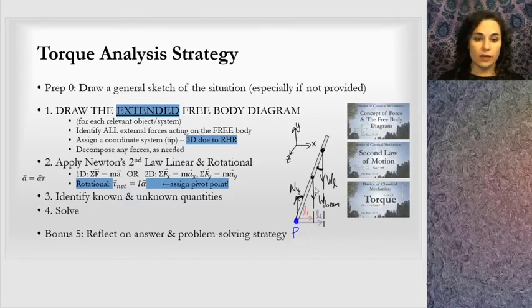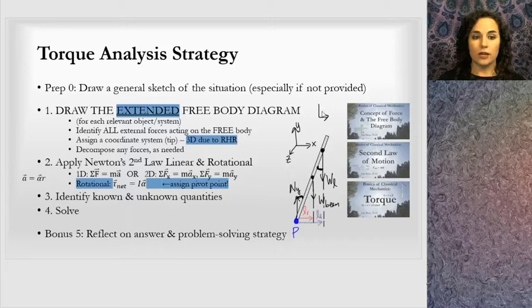This will be your tool for developing equations. Once you've identified all your forces, be sure to assign a coordinate system. And I've noted here that we're going to need 3 dimensions because we have torque and right-hand rule causes us to have a 3rd dimension in or out of the page. You will want to denote which direction is positive. By convention, you can see the coordinate system here, x, y, and z, with z out of the page being positive.